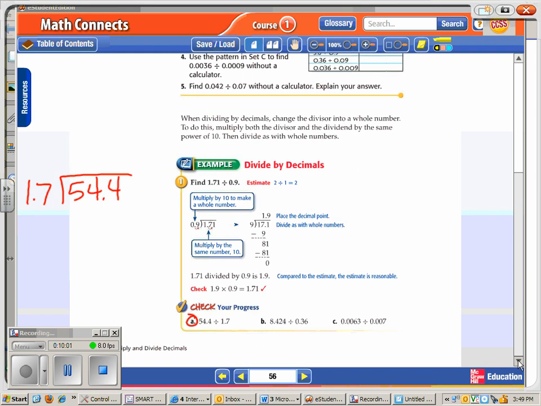We want to make both of them whole numbers so that we can divide. So we're going to move this decimal over one place. If we do that, we need to move this decimal over one place. Sometimes it's nice to do it this way, figuring out moving your decimals, and then write it out again.